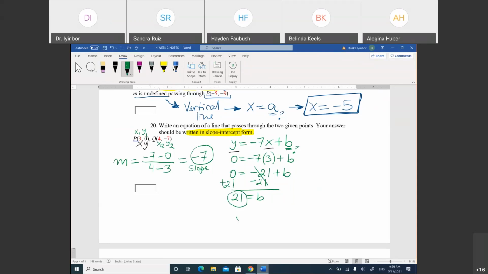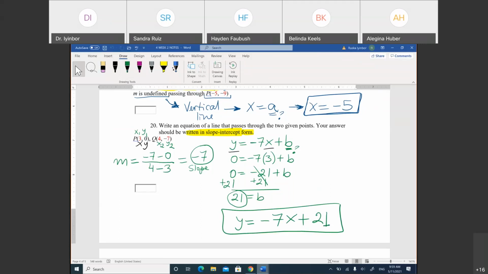Y equals -7x plus 21. Now, they want the answer in slope intercept, and this is slope intercept, right? So that's my answer. Okay? So let me put the answer. Y equals -7x plus 21. And number 19 was x equals -5.